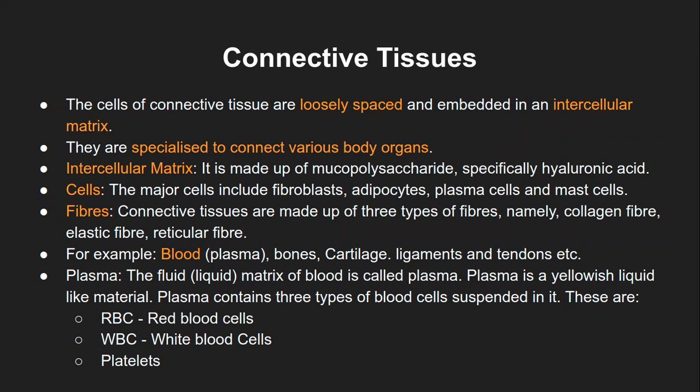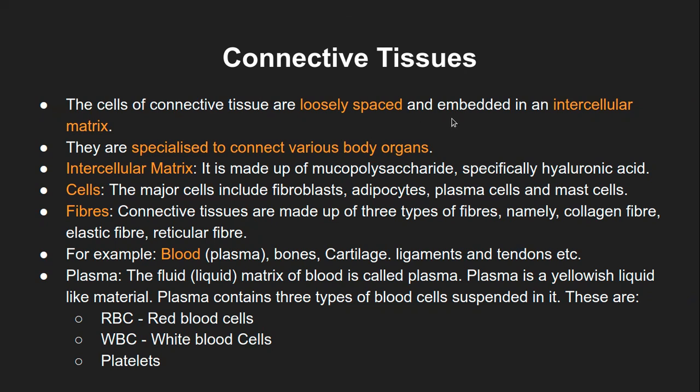Remember these two words, intercellular and intracellular, they are different. Intracellular means within the cell, intercellular means between the cells. So what we are talking about here is the intercellular matrix, that is the matrix which is present between two neighboring cells. So that is the arrangement of the overall connective tissue, which is loosely spaced, having the intercellular matrix around it.